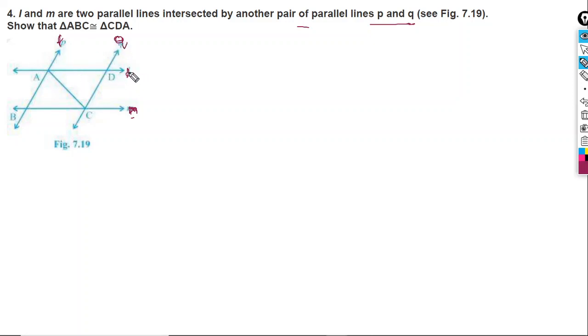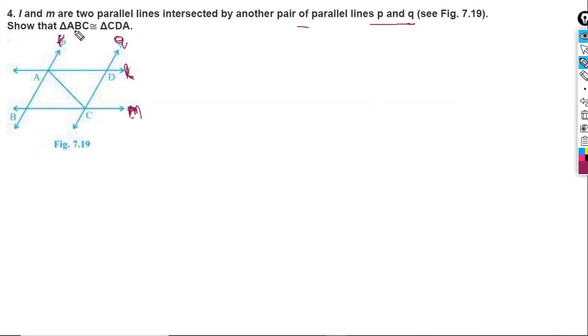L and M are parallel and P and Q are also parallel, and they are intersecting each other. Now you see they are intersecting at points A, D, C and B.